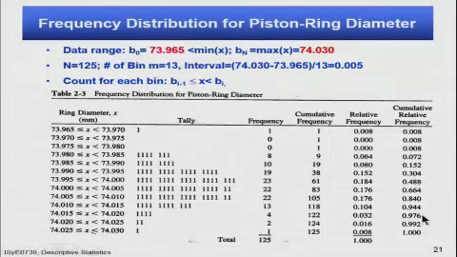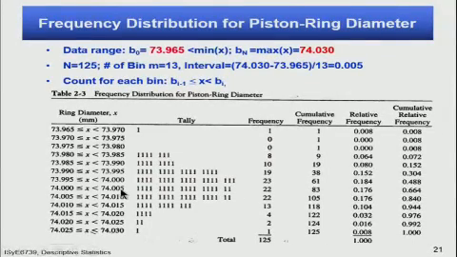Okay? And it can be used for, again, probabilities. But let me ask you this question. What does this number tell me? 66% of parts are smaller than that. Exactly. 66% of parts are smaller than what? 74.05.